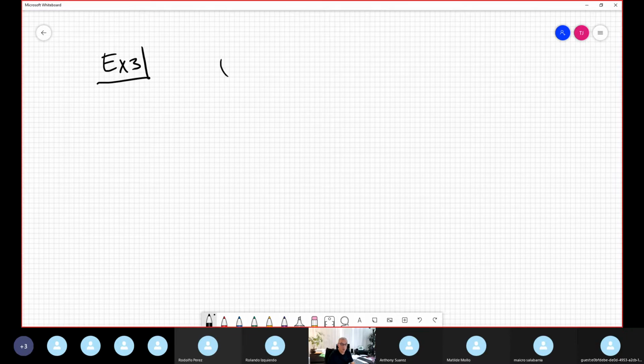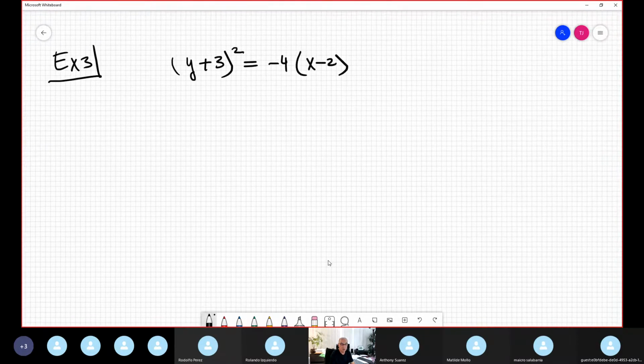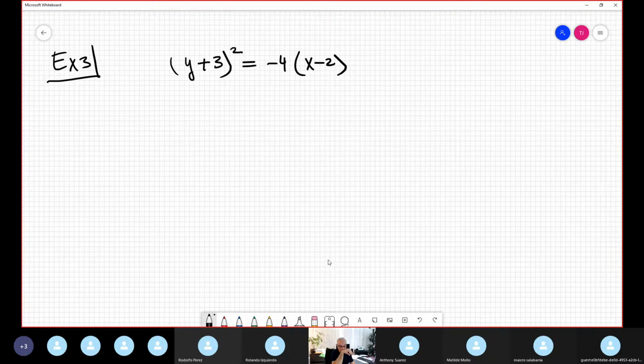Example 3 says (y + 3)² = -4(x - 2). Classify what kind of parabola we have in this problem. Horizontal or vertical? Horizontal.